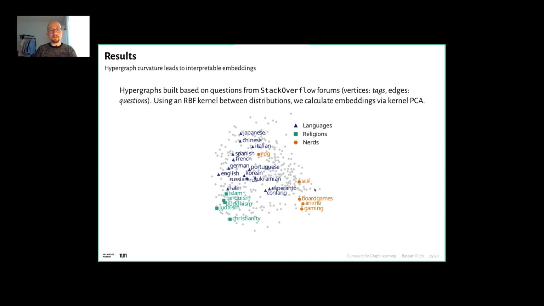We have a cluster of, well, we call them nerdy topics, with role-playing games, board games, and so on, which are also a little bit removed from the language cluster, except for maybe these role-playing games here, for whatever reason. And then we have a large cluster of languages. Again, this is really just tumbling out of the curvature calculation and is not something that we specifically put into the modeling of the equal edges random walk.